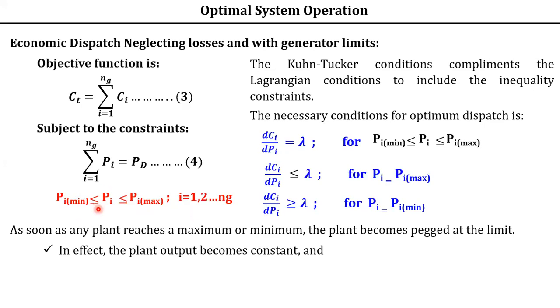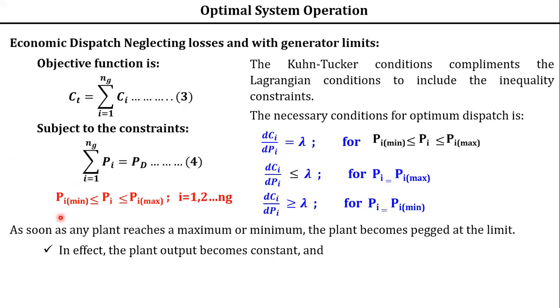So the load on this particular plant will become constant. Hope you understood this one. The plant output becomes constant if it violates the limit.